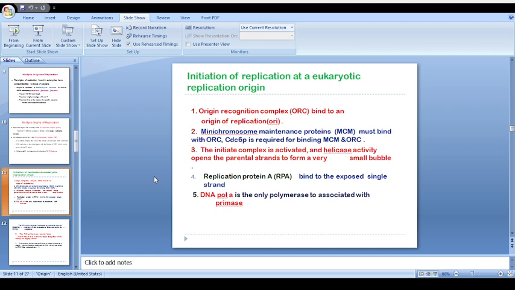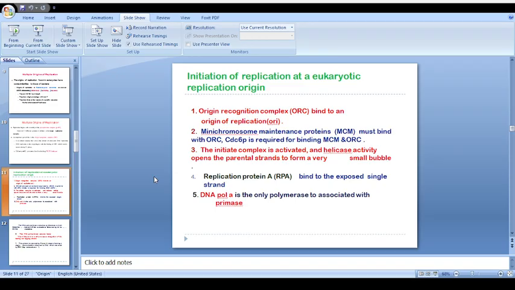is binding with ORC. CDC6P is required for binding of MCM as well as ORC. The initial complex is activated and the helicase activity opens the parental strand to form a small bubble, because the double helical DNA is twisted around each other, just like a plait. So it has to be separated to open it.